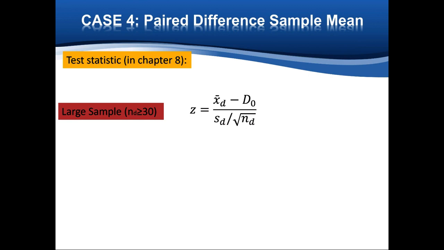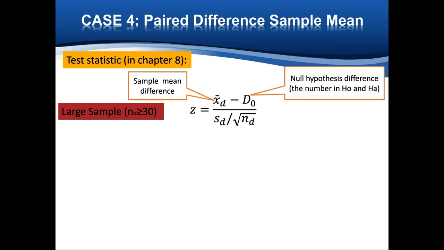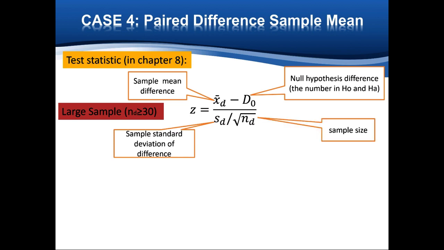That is, sample mean of the difference minus the non-hypothesis difference value divided by the standard deviation of the difference and divided by the square root of the sample size.